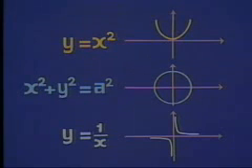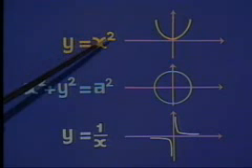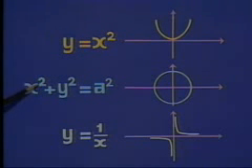Easy. Look at each equation. If it has all even powers of x, then it has to be symmetric about the y-axis. So you see, these two are symmetric about the y-axis, but this one is not.